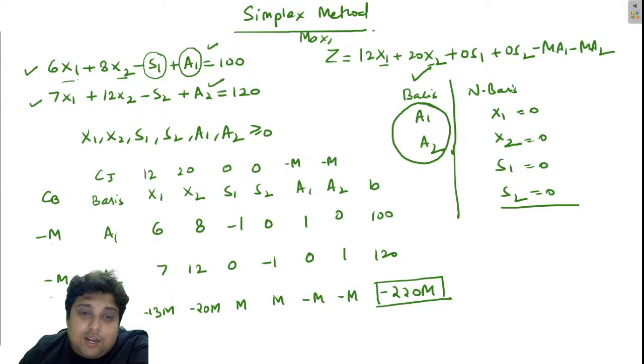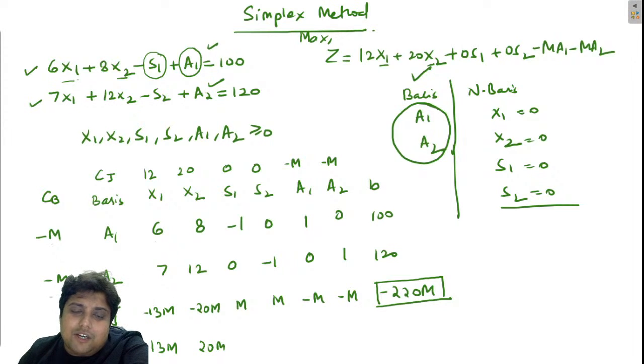So that means 12 minus 13M, that is 13M. I am simply eliminating 12 and 20 because they are very small in comparison to this M value. Then 0 minus M, minus M, minus M, minus M, minus M, 0, 0.